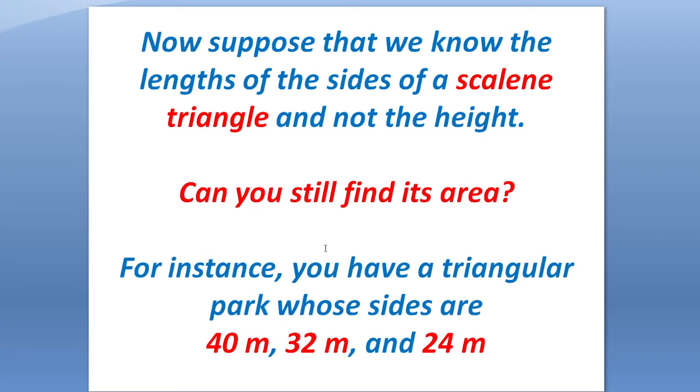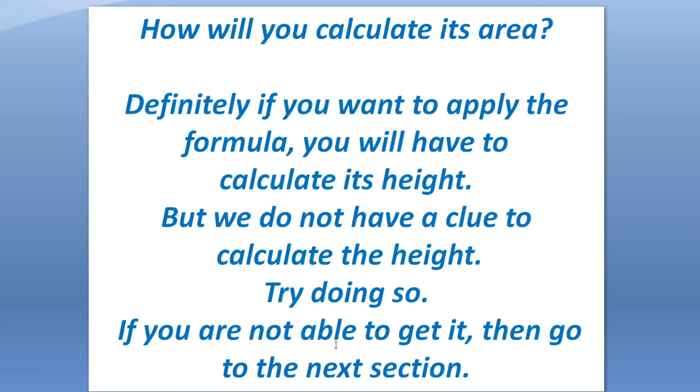For instance, you have a triangular park whose sides are 40 meter, 32 meter and 24 meter. How will you calculate its area? Definitely, if you want to apply the formula, you will have to calculate its height, but we do not have a clue to calculate the height.